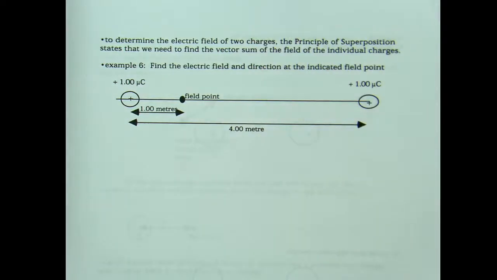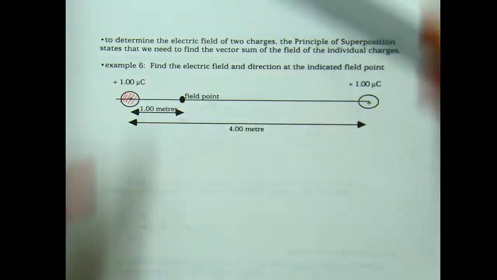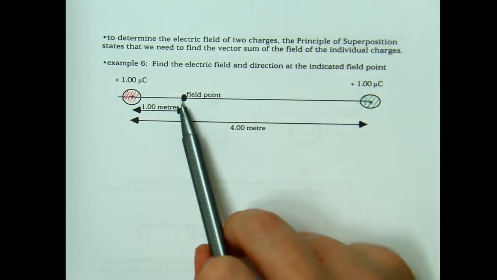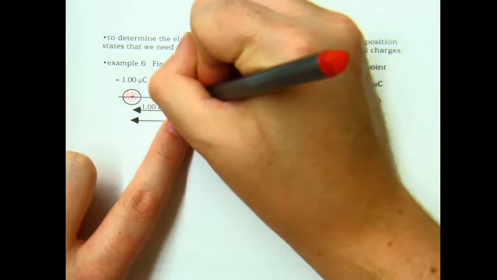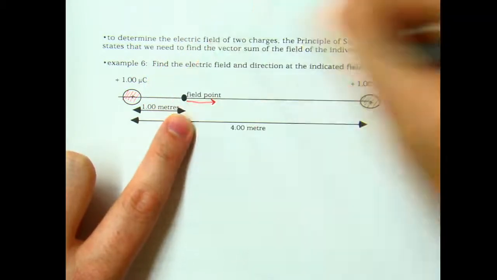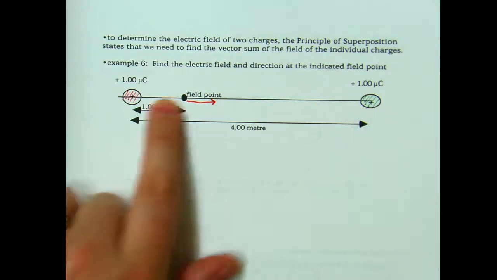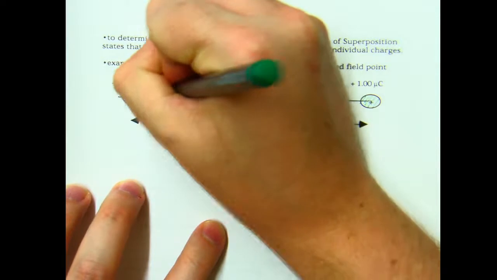So if we take a look at what we've got here, I'm going to color this guy in red just to be clear what's going on, and this guy's going to be green. So at this field point, the red charge is going to have an electric field going to the right, and the green guy, because he's also positive, and electric fields go out of positives, is going to have an electric field going that way.